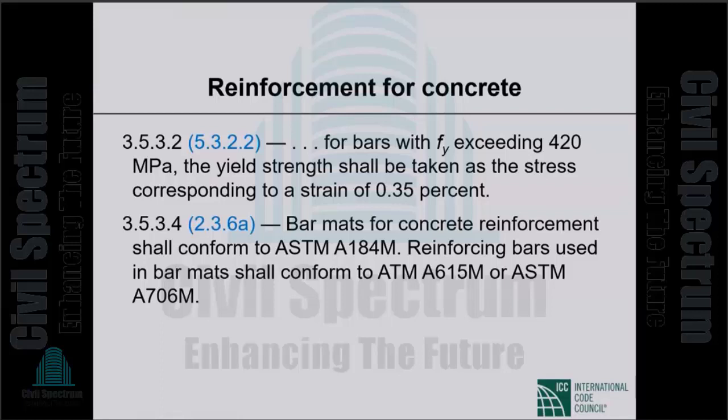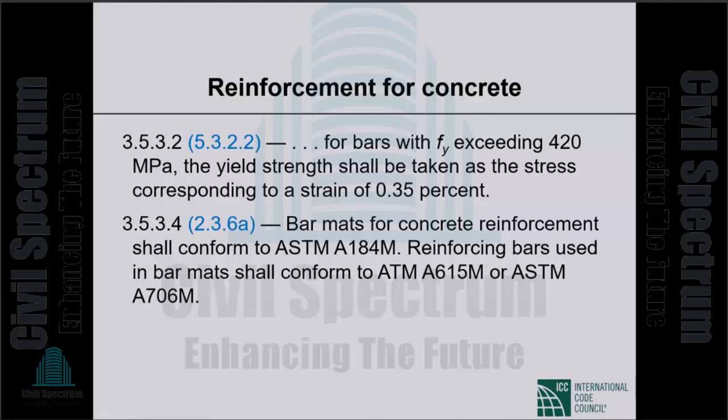However, I do want to point out that this change of definition is made. Yield strength means different things for reinforcing steel up to 60 ksi yield strength and reinforcing steel with yield strength larger than 60 ksi.